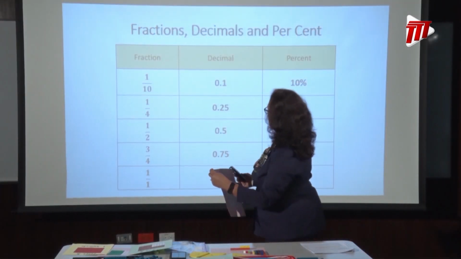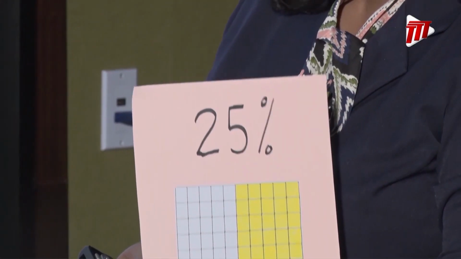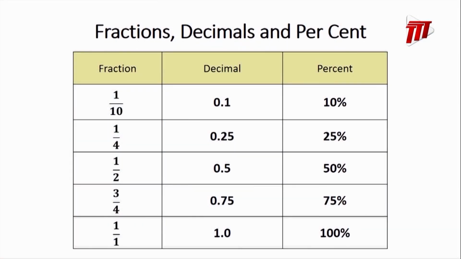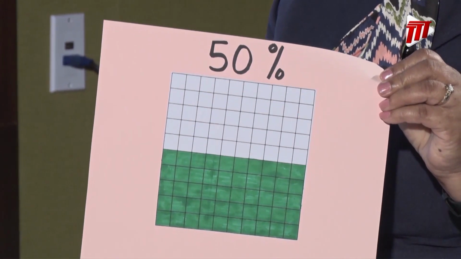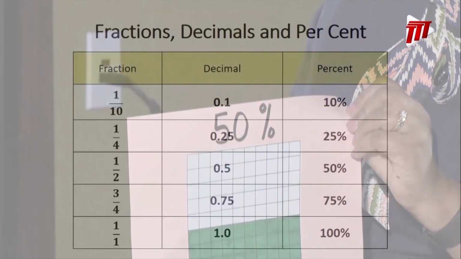A quarter as 25 hundredths, but also as 25%. We have seen the half, which is 50 hundredths or 5/10, but it's also represented as 50%.